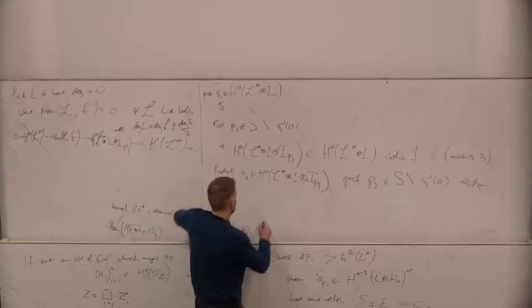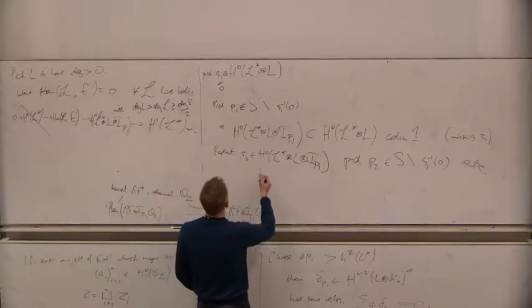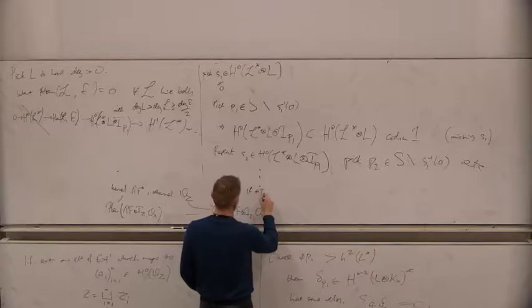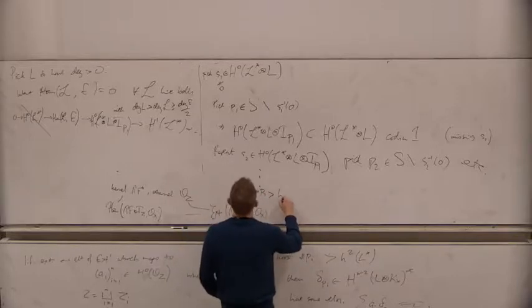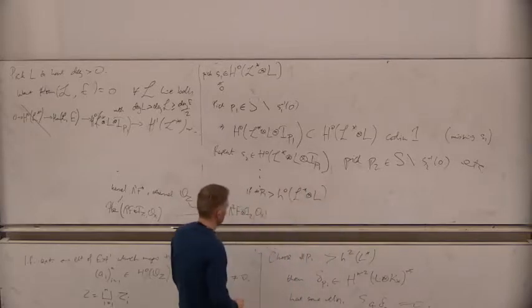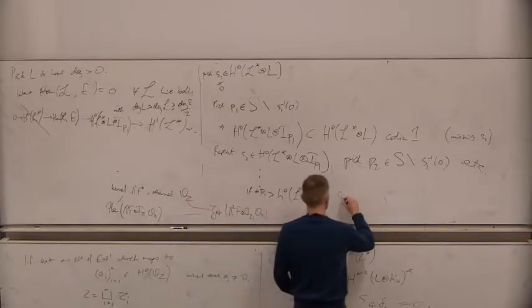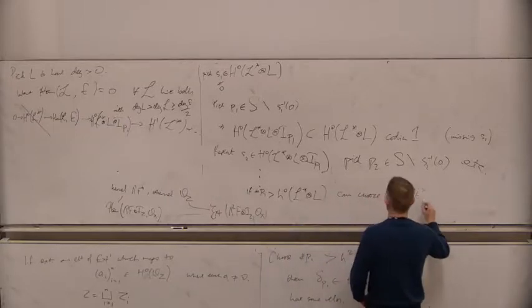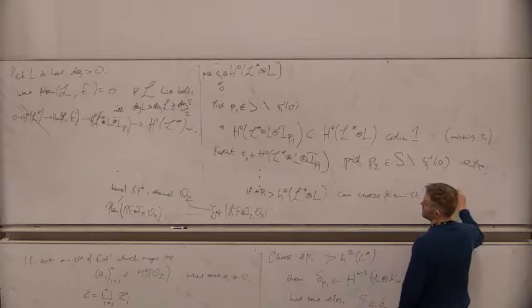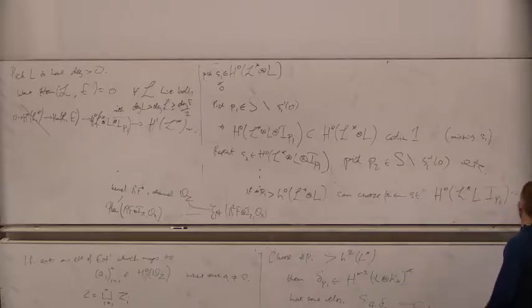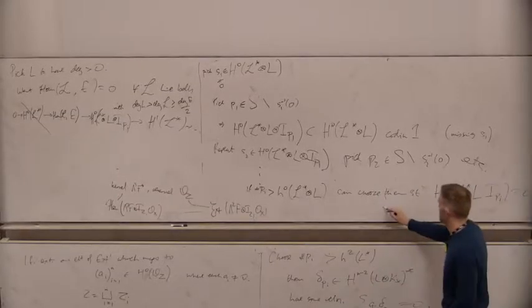Okay. Inductively, eventually I choose, so if the number of points is bigger than the dimension of this L dual tensor L, I can choose them such that H0 of L dual tensor L tensor IPi is 0. Okay, so I just cut down by one dimension each time. Okay, so this implies that.